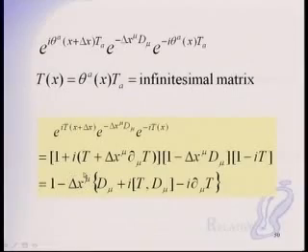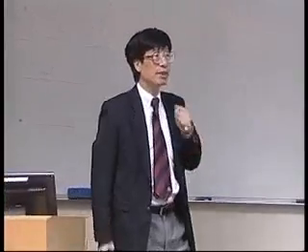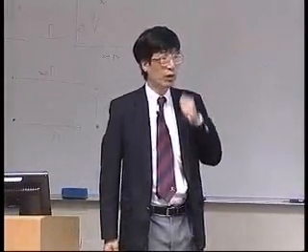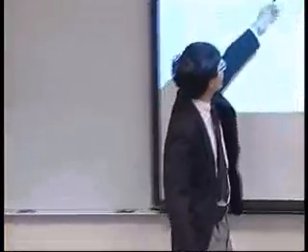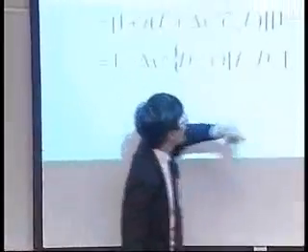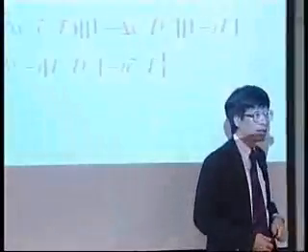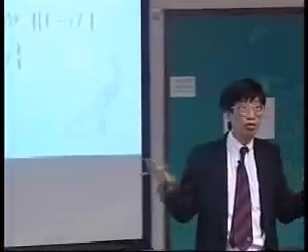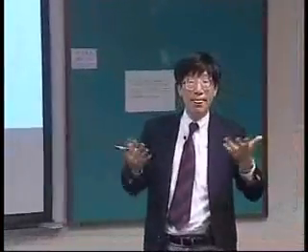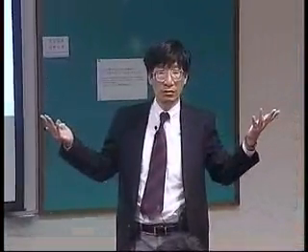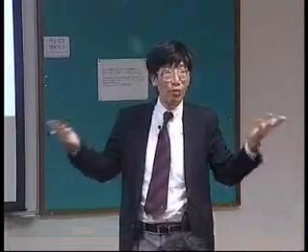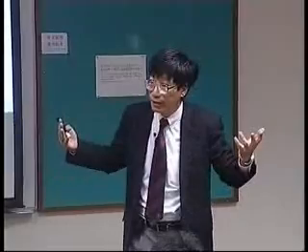In other words, the terms without delta x must cancel. Now, what are the terms without delta x? It's only this one, iT, and this one, minus iT. When you multiply out, those are multiplied by 1, and they cancel. Okay? So the terms without delta x have to cancel, and that you could have guessed from the beginning.